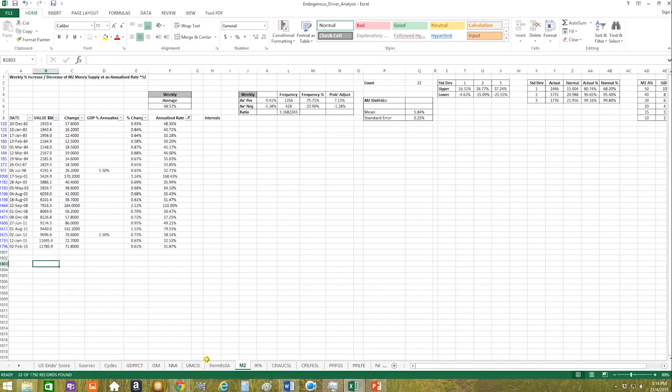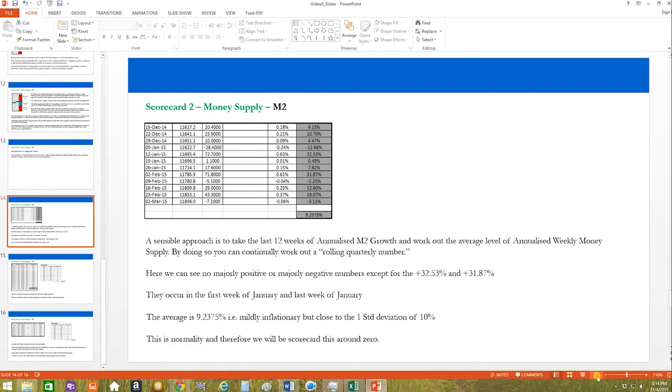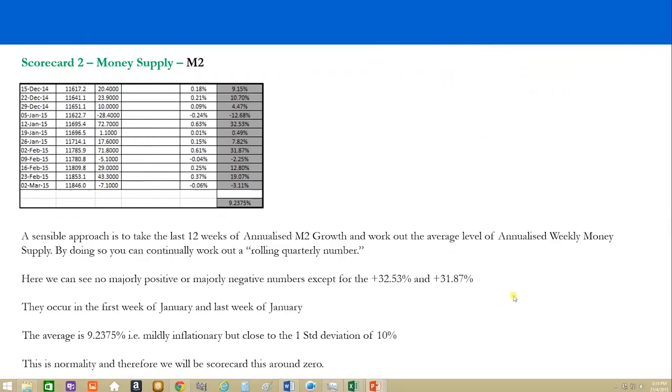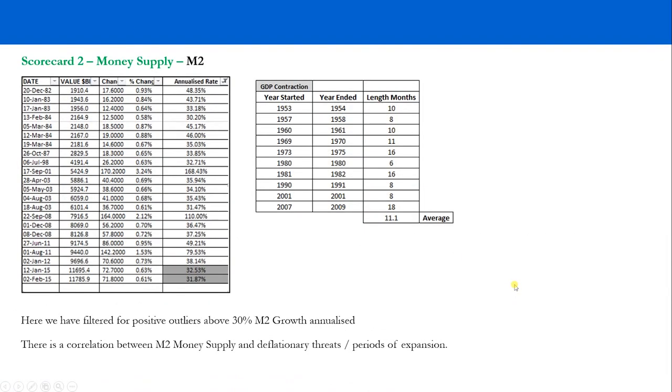And if we go back to the presentation here, if we filter for these positive outliers above 30%, we see that there's a big correlation between this behavior in the M2 money supply and big deflationary threats. So these are periods where the Fed is reacting to big deflationary threats, so economic crises, and trying to inflate and expand in the extreme case. So this is quite interesting.